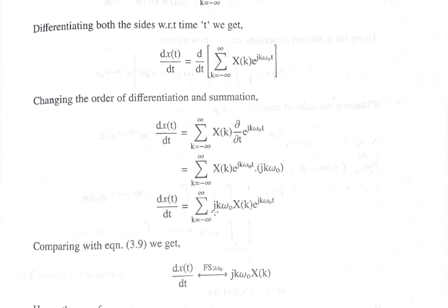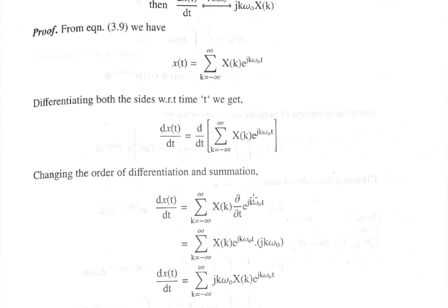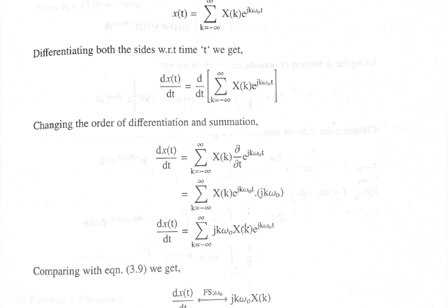The factor j k omega naught is independent of the summation, so we can take it outside, and the summation is then over x of k e raised to j k omega naught t, which is nothing but the same.